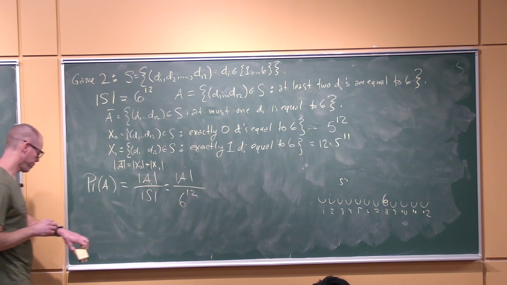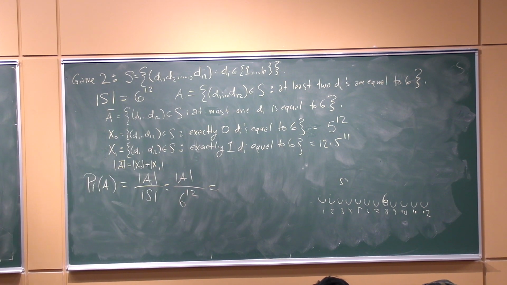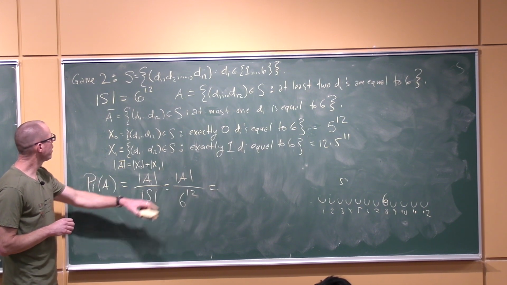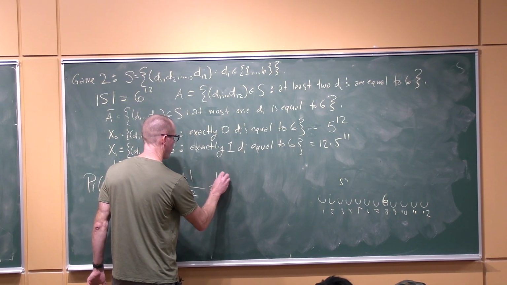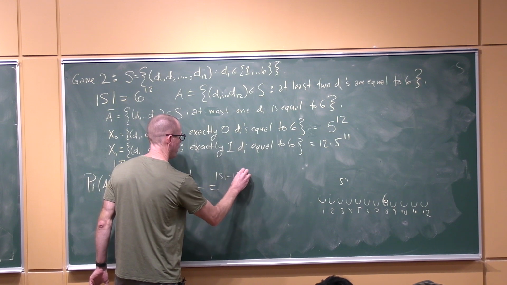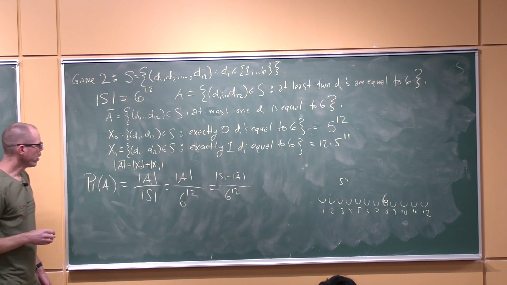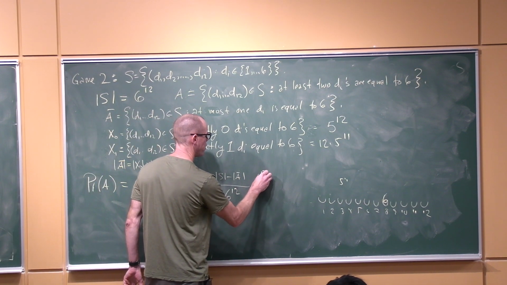All right. And so this size of A is going to be size of S minus the size of A bar, which is size of S was 6 to the 12.